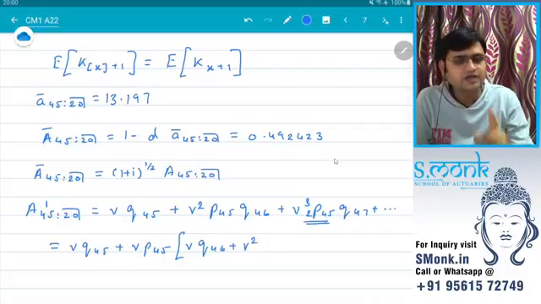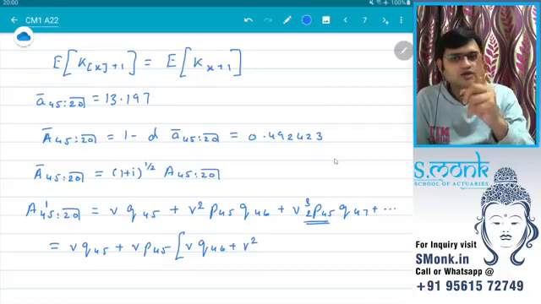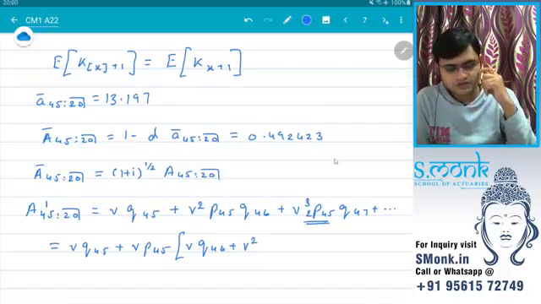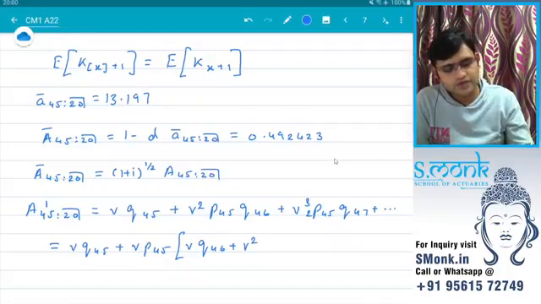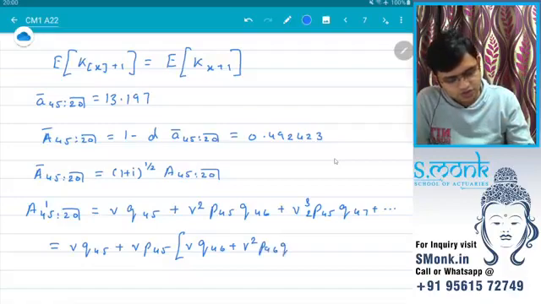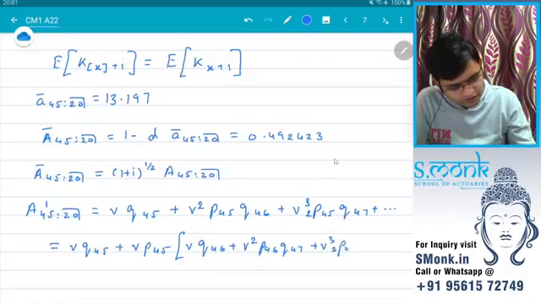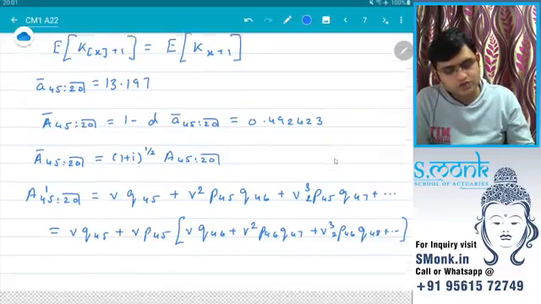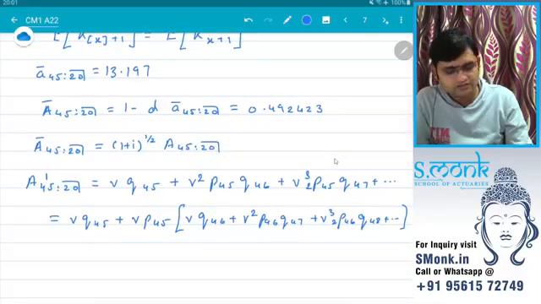Out of this I am taking out 1p45, so I am left with 1p46, v q46, q47 plus v cubed 2p46 and q48, and this goes on for 18 more years.